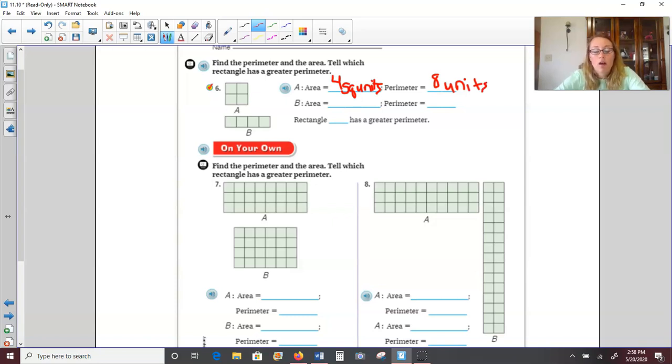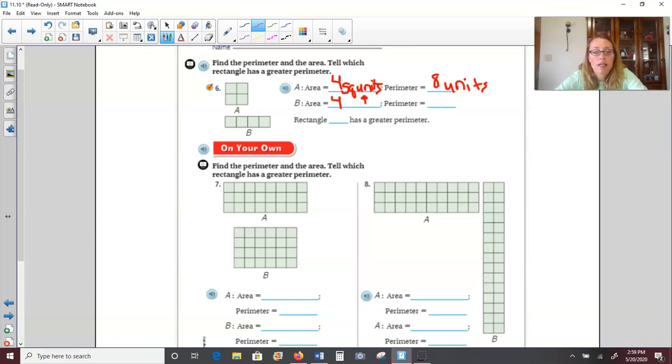And then on rectangle B, the area is 4 square units. And I'm not going to write the label. We know it's the same as above. And then, that's supposed to be an arrow, by the way. And then the perimeter, it's 4 across the top, so 4 on the bottom. 4 plus 4 is 8.